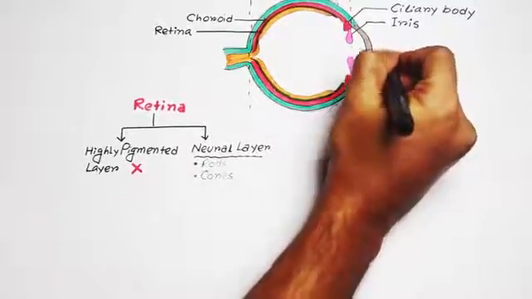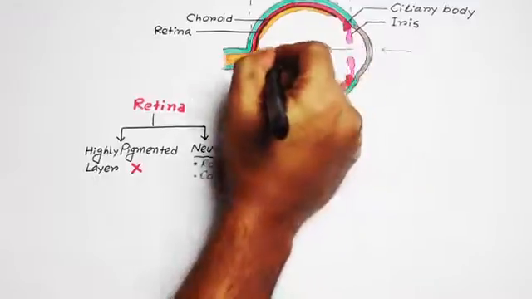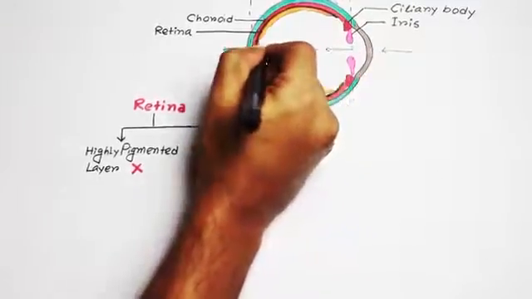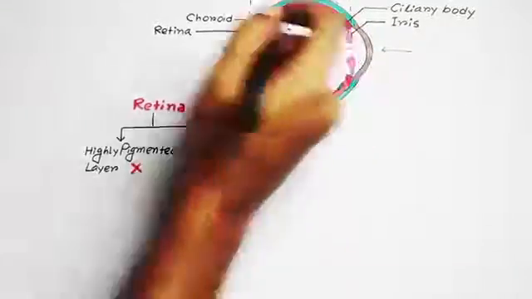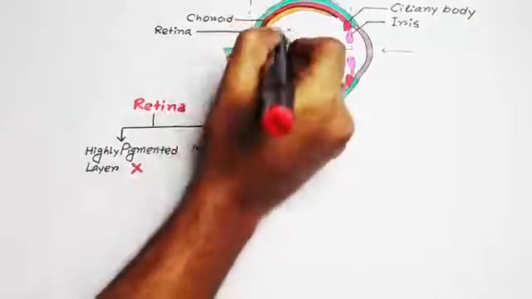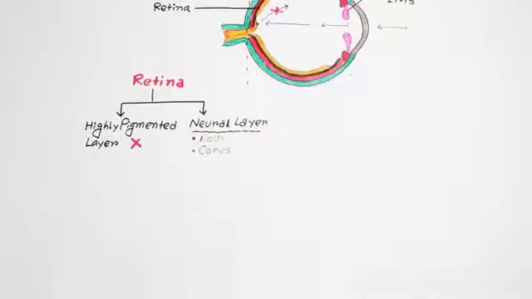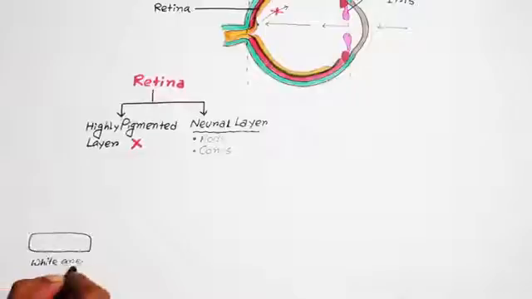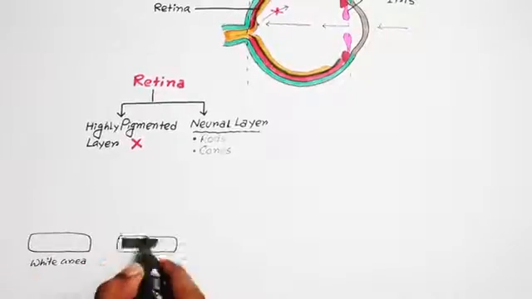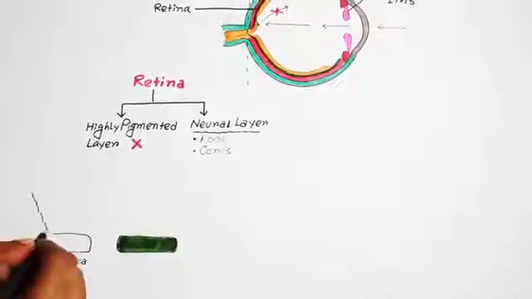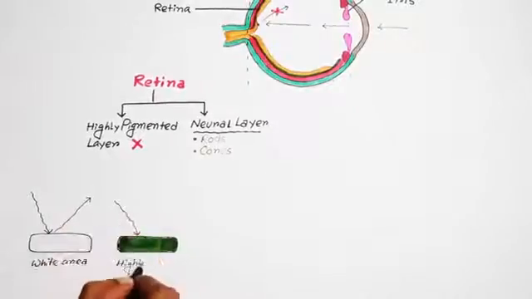Well, when light comes into our eyeball, it should get absorbed first, it shouldn't get reflected, otherwise the image will be destroyed. As we know, a highly pigmented area absorbs light better than a white or poorly pigmented area.